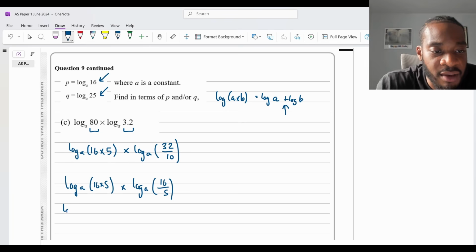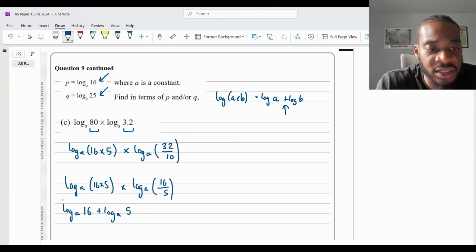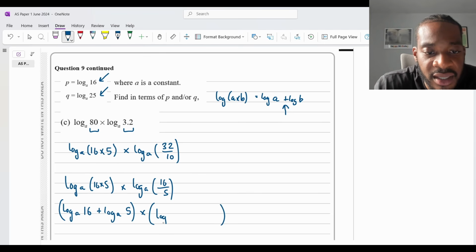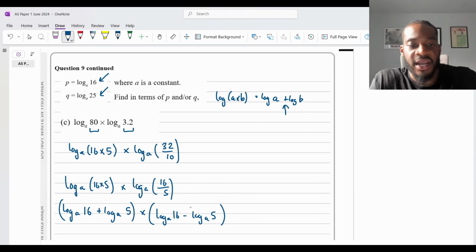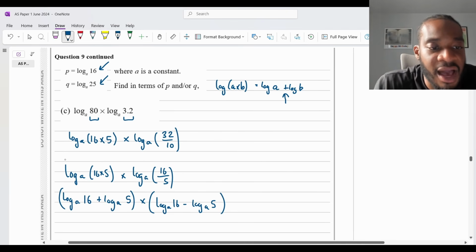So that becomes log base A of 16 plus log base A of 5. I'm going to put a bracket around it now because it's more than one term. And then we're multiplying this by, in the bracket, log base A of 16 minus log base A of 5, like that. Now, what can I do here? Well, firstly, I've seen these before.